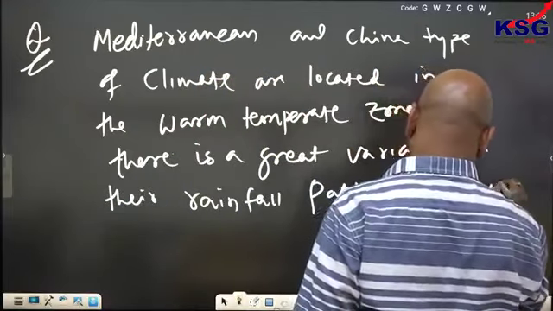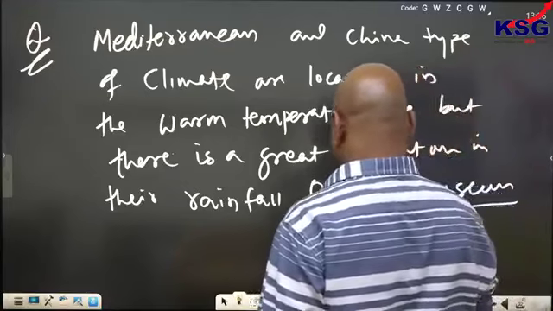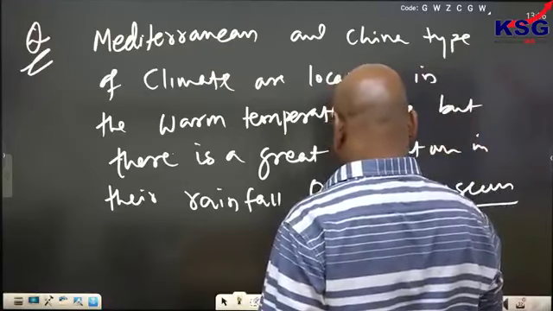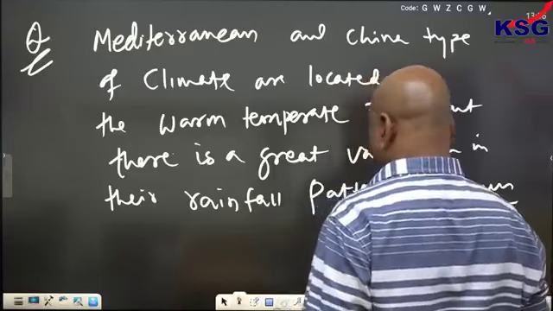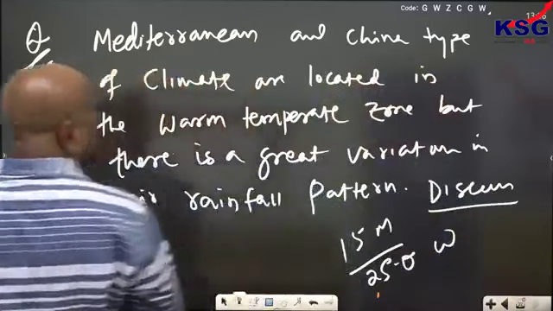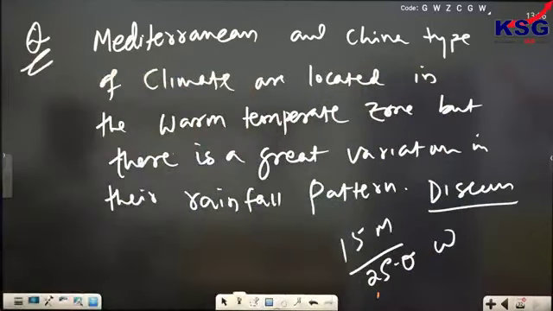Discuss. 15 marks, 250 words. Mediterranean and China type of climate regions are located in the warm temperate zone, but there is a great variation in their rainfall pattern.